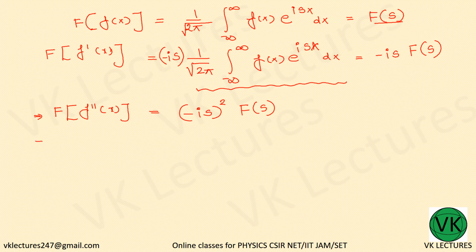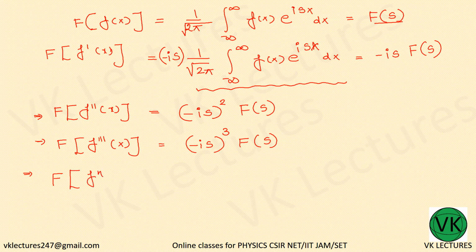For the third derivative, the Fourier transform of f triple dash of x equals minus is to the power 3 F of s. In general, the Fourier transform of the nth derivative f n of x equals minus is all to the power of n times F of s.